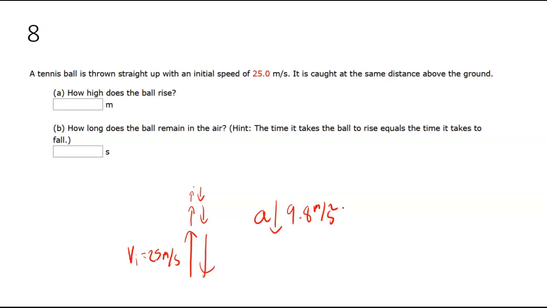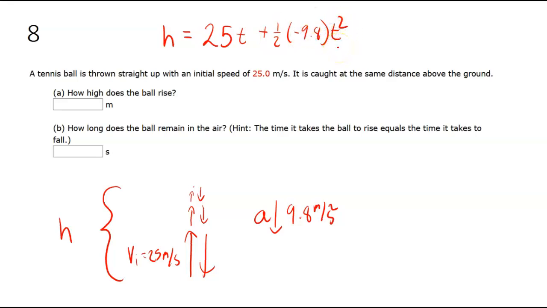There are two different ways that I could solve this. The first would be to say, well, I know it goes up to some maximum height, and if I get my signs right, I could say h is equal to 25t plus 1/2 times negative 9.8 times t squared, but I don't have the time up yet.